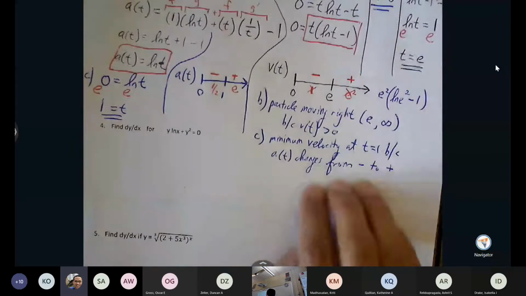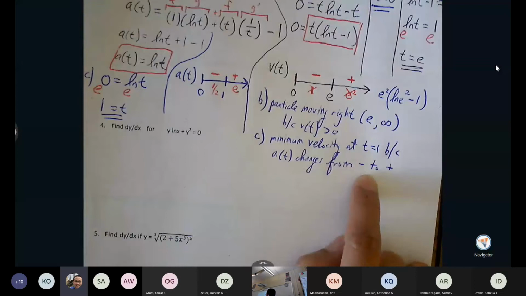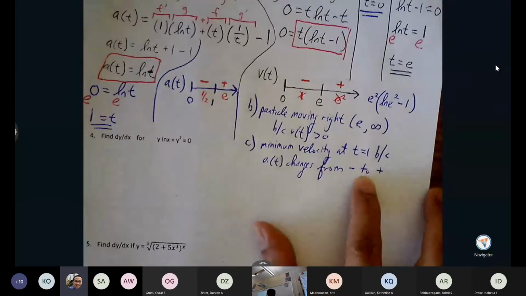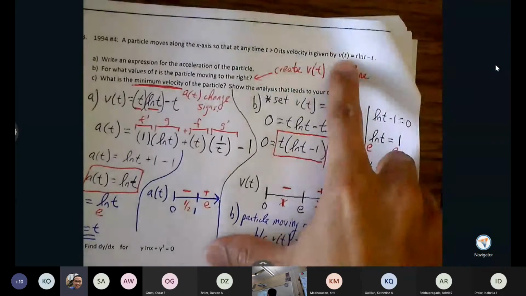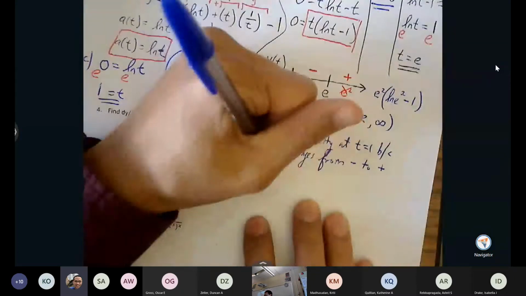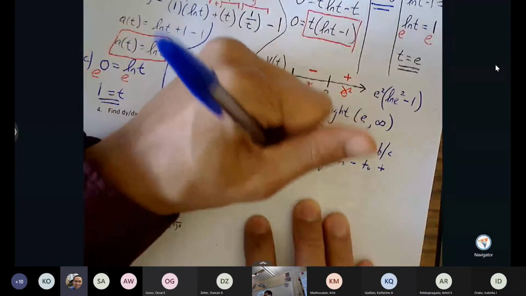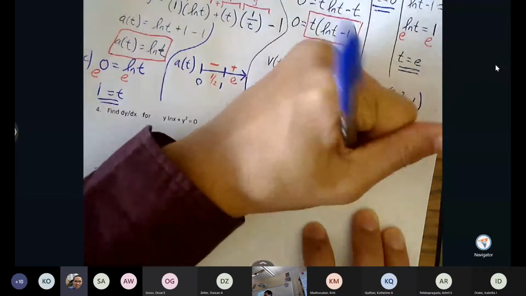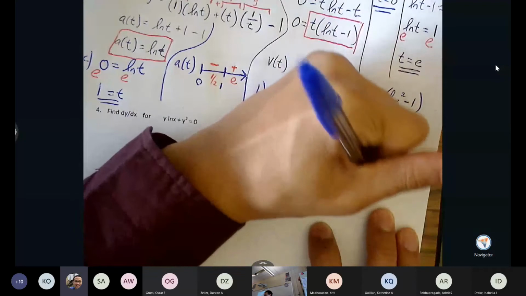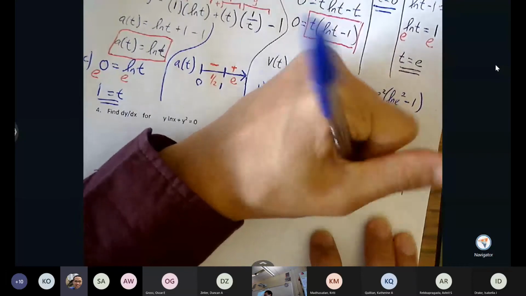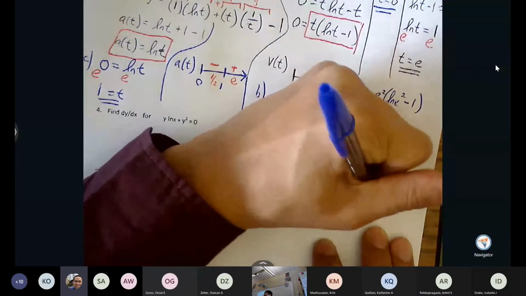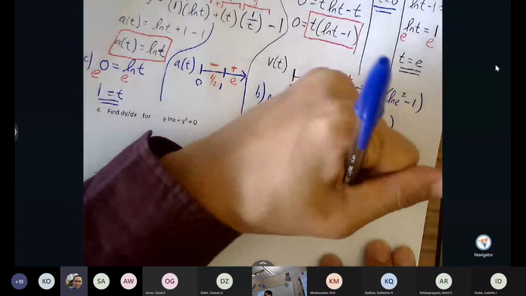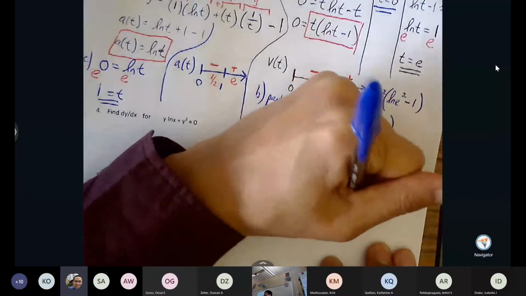So how can we find the actual velocity? Yeah, plug 1 into the velocity. Natural log of 1 is 0. 0 minus 1 is just negative 1.